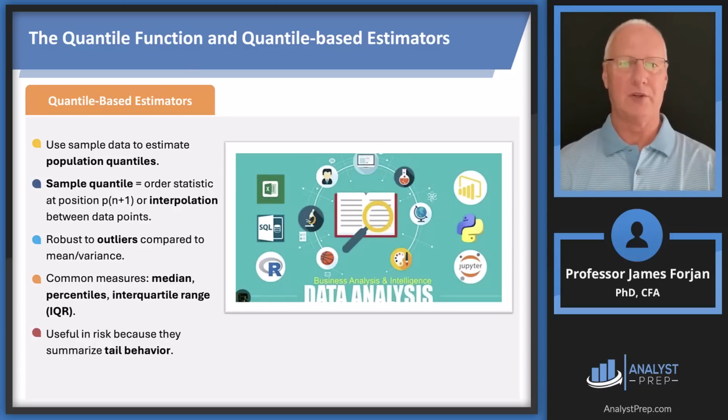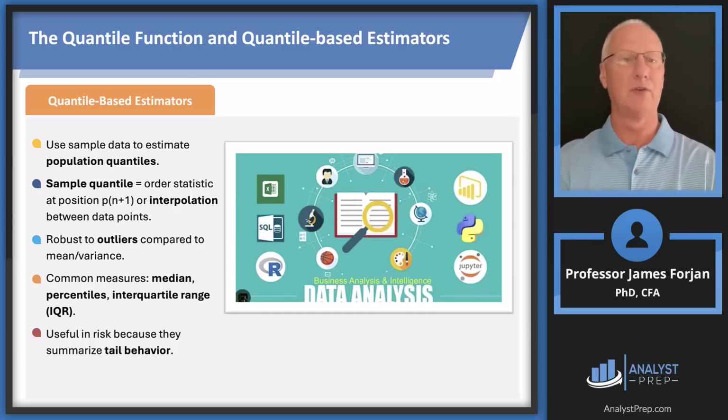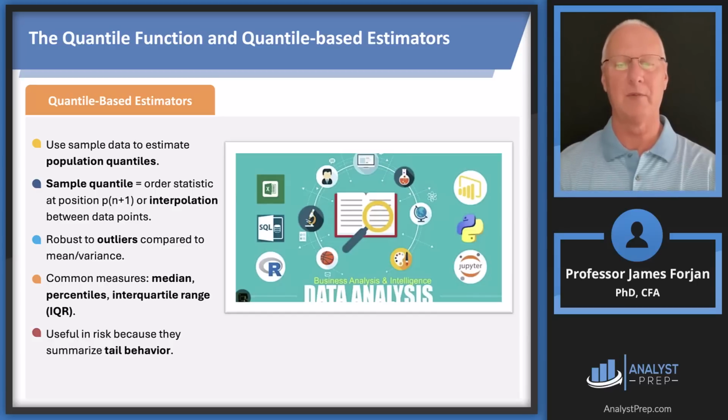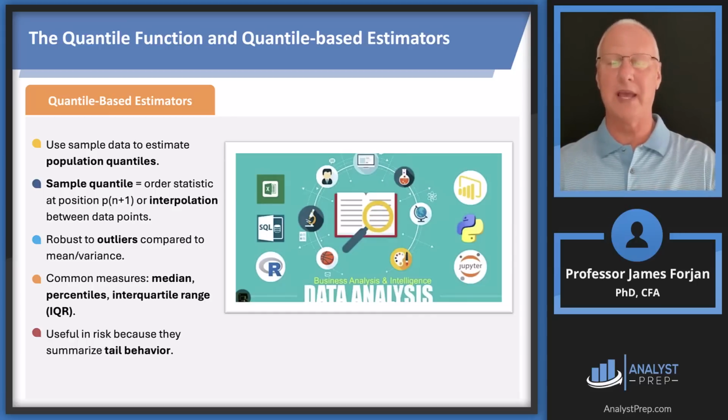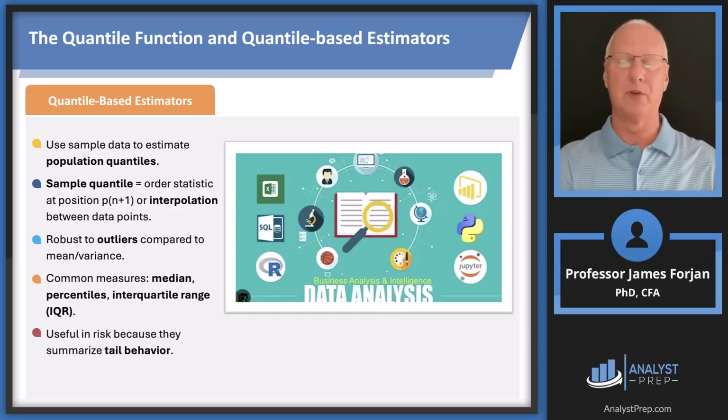Let's continue our discussion on these quantile-based estimators. The most common are the median, the one that falls in the middle, the percentiles, what I was talking about just a second ago about finding out people's names, and that interquartile range. Now, the important thing is that these quantile-based estimators are extremely helpful when we look at that left-hand tail of the distribution.